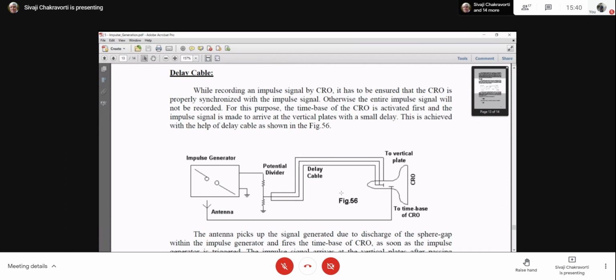Now in an oscilloscope, I think you might have studied that there are always two plates. One we call the Y, the other we call the X. The X plate always has a base signal, which is typically a sawtooth waveform. This is called the time-base signal, whereas the signal that we want to record should come on the Y plate.